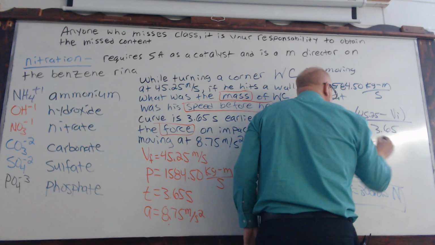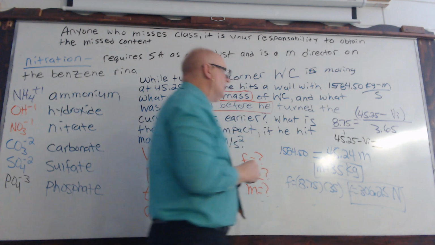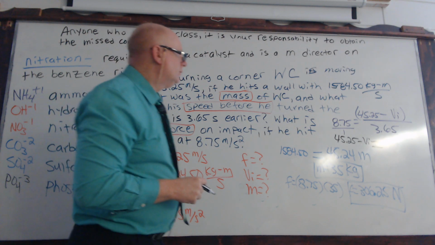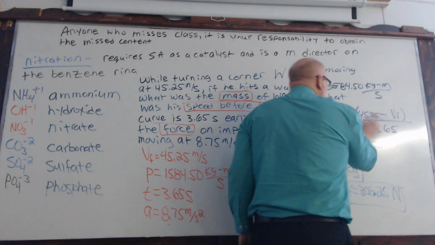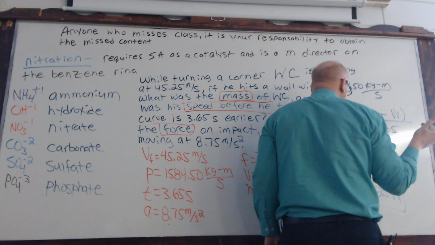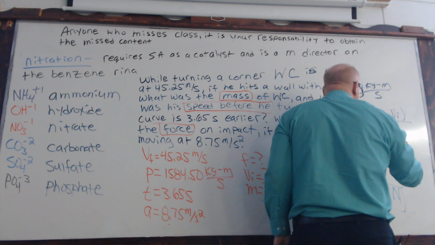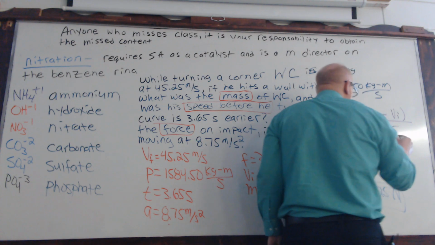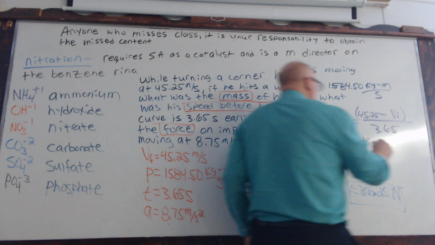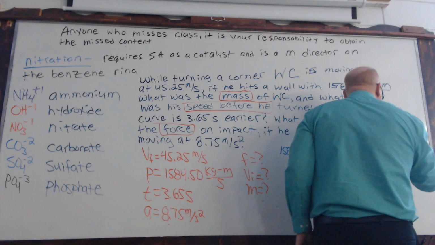So then what's on the right-hand side of our equation now? Multiplying these two, that's right. It's 31.94.